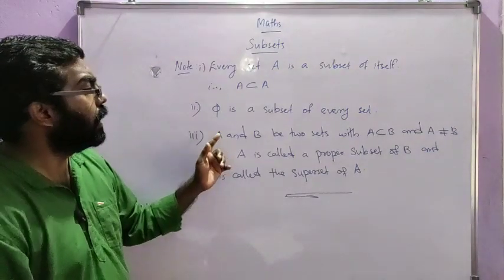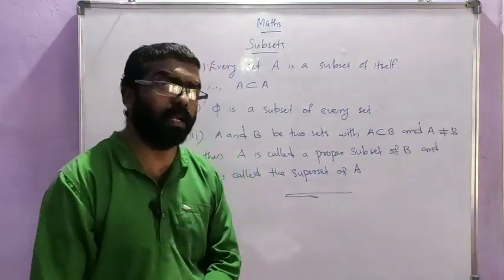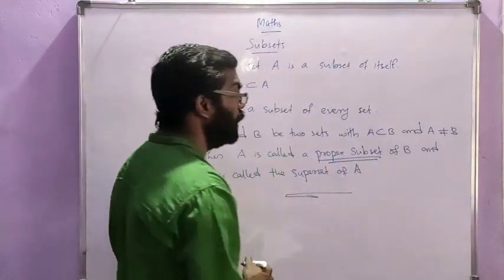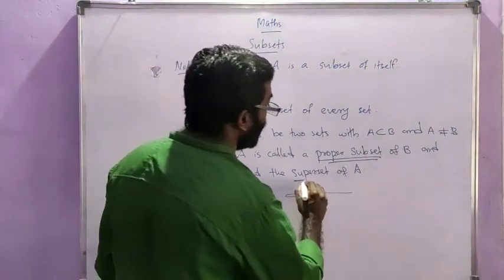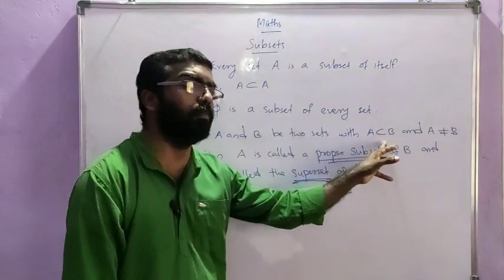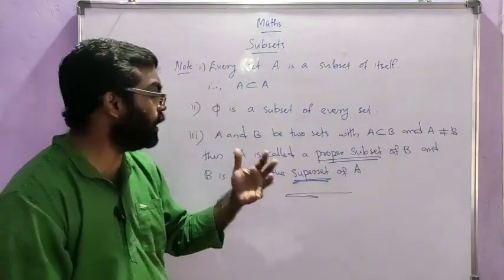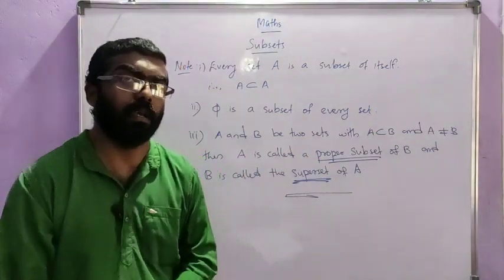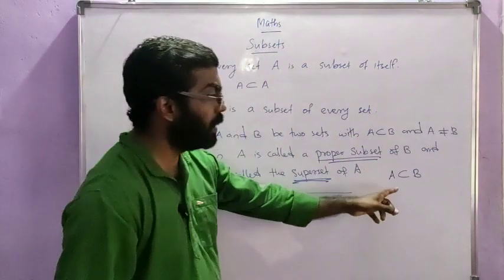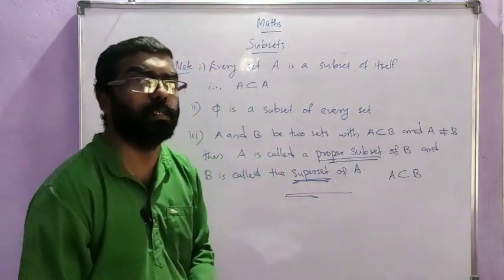And the third one is, let A and B be two sets with A a subset of B and A not equal to B, then A is called a proper subset of B and B is called the superset of A. That means if you write in symbolic form A is a subset of B, here A is the proper subset and B is called the superset. Clear?